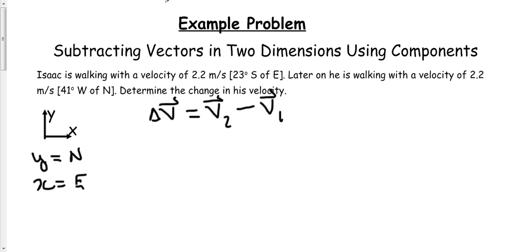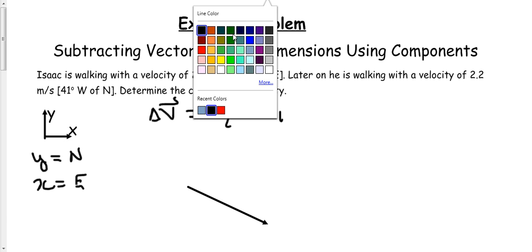Okay, so let's draw this vector and let's see what it looks like. 2.2 meters per second, 23 degrees south of east. So we'll say that's 2.2 meters per second, 23 degrees south of east. Would be roughly like that. How do I know that's south of east? Because east is this way, and I'm going south of east. Very important to get this drawing right. Now let's draw in the components for that.